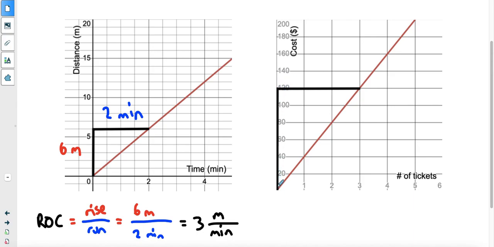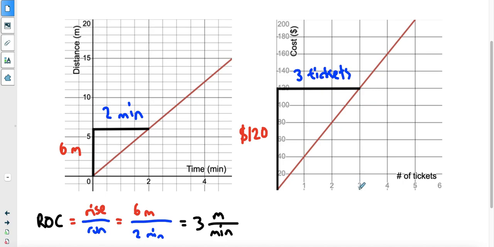The cost goes up to $120 here. So we can say that the rise is $120. And the run, well, this goes up $120 over 3 tickets. So the run is going to be 3 tickets.